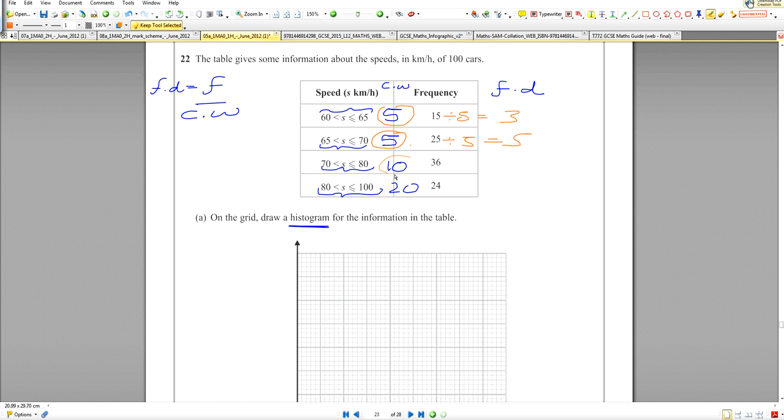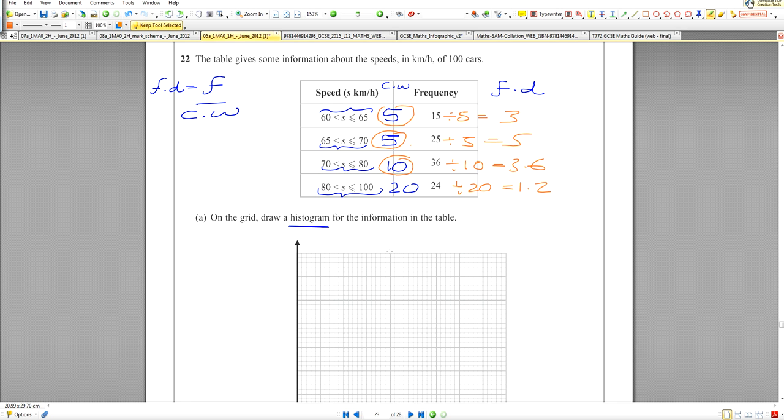And 36 divided by this number here? 2.6. Okay, and then 24 divided by 20 is equal to 1.2. Beautiful.